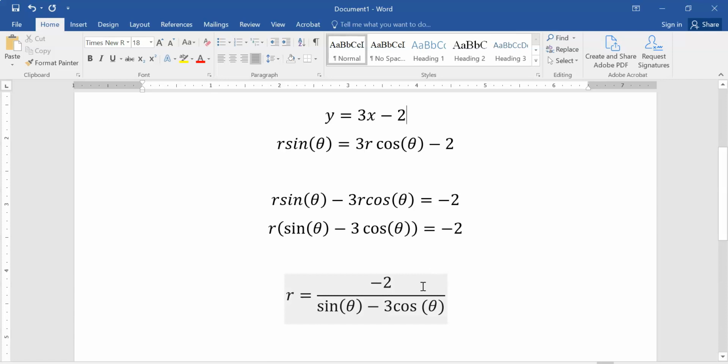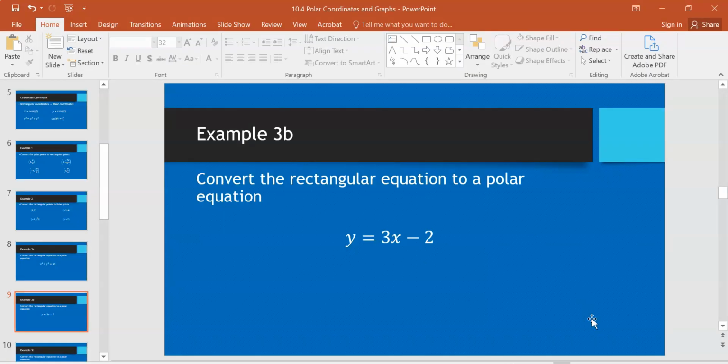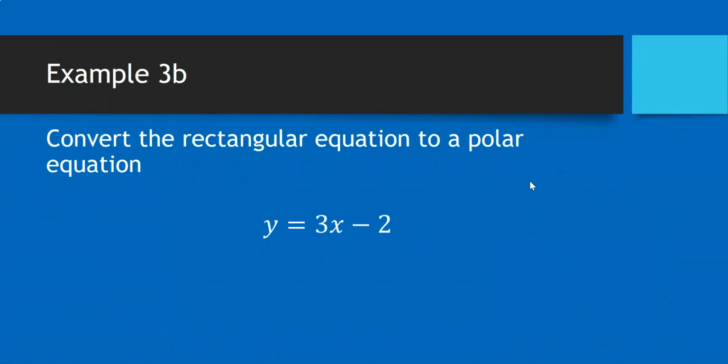This one, y equals 3x minus 2, is probably much simpler to deal with in most cases. So there are some advantages to using polar, and there are some advantages to using rectangular, in whatever situations we're dealing with.